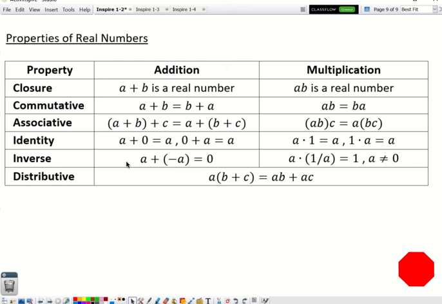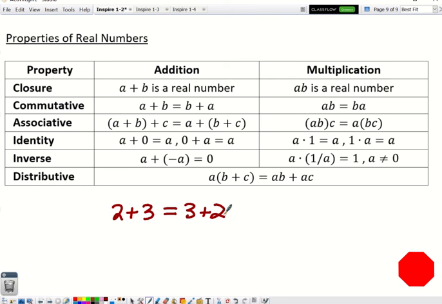An example of the commutative property, at least for addition, and I'm not going to dwell on this forever: if you do 2 plus 3, isn't that the same as 3 plus 2? It doesn't matter which one you say first with addition, or even multiplication.